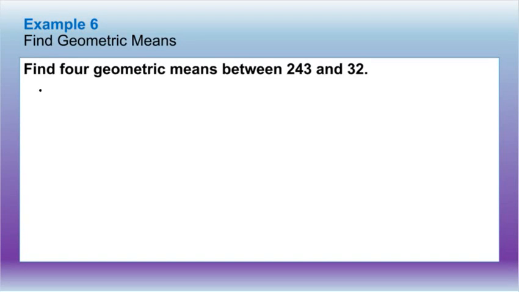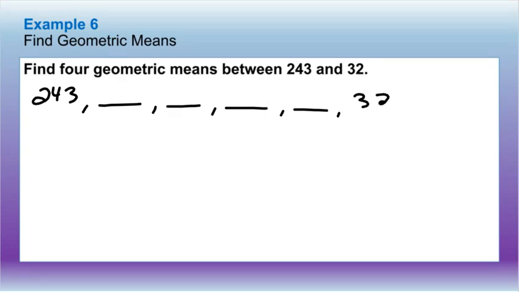So this is saying the first term is 243 and there are 4 terms in between. You gotta get to 32. So to find this, we need to know what the common ratio is going to be. We know that there are 6 terms here because we have the 2 that they gave us and the 4 in between.